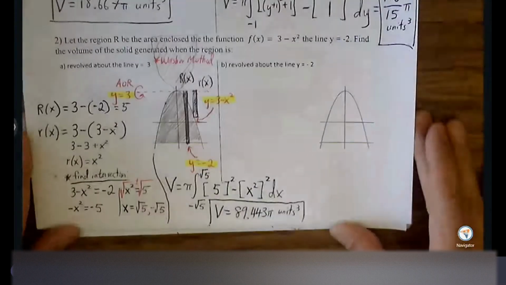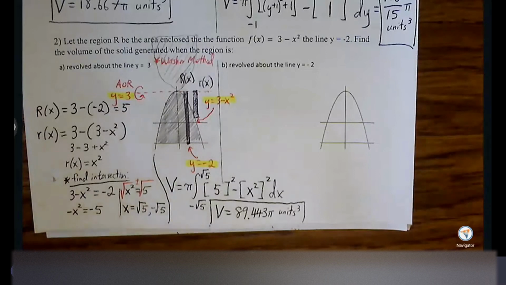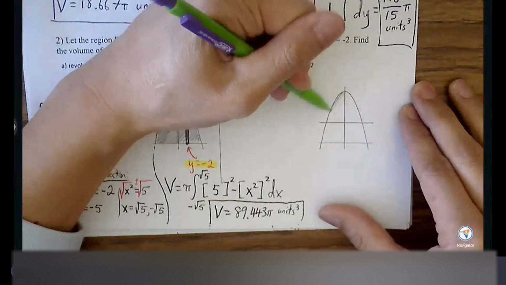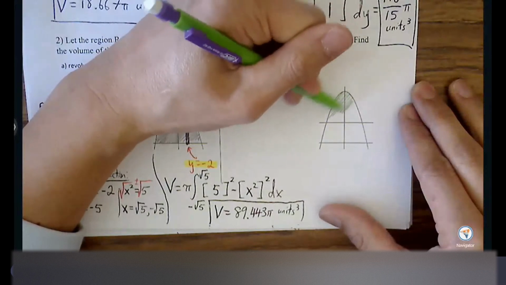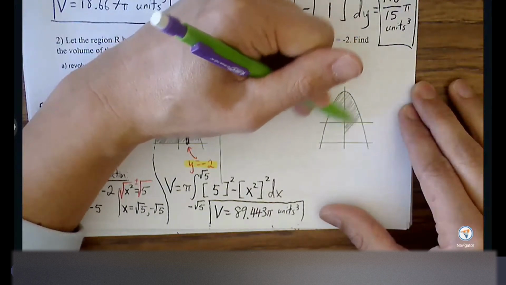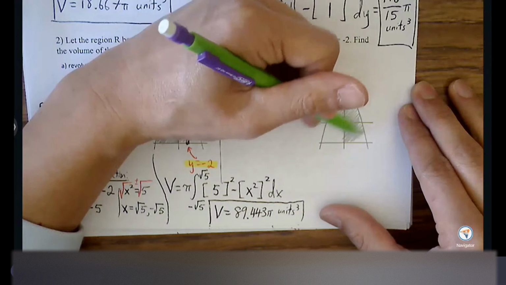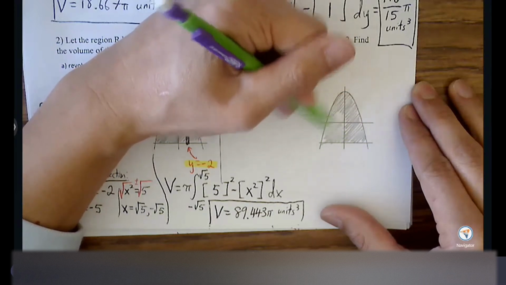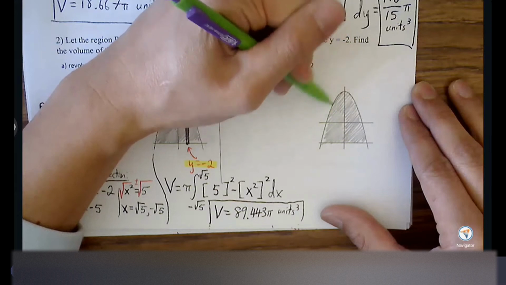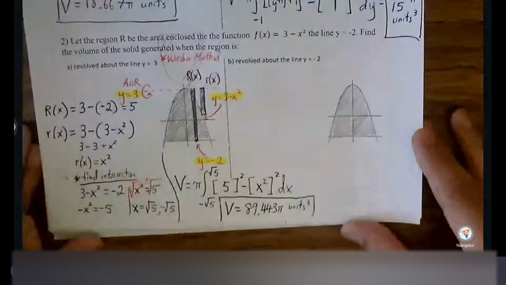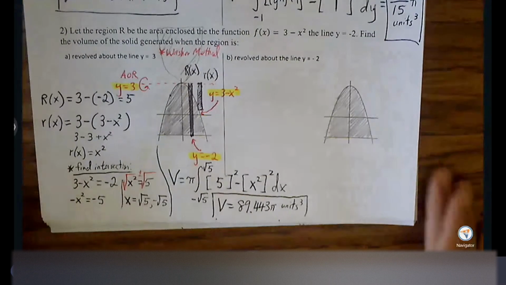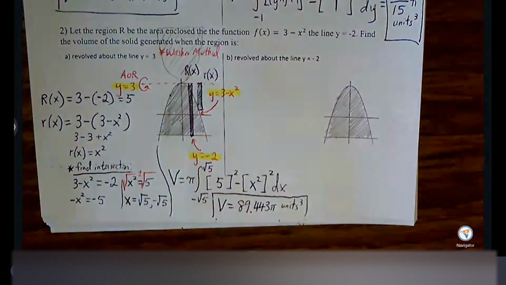Okay, one last one here. Revolve about the line y equals -2. Now y equals -2 is all the way down here.